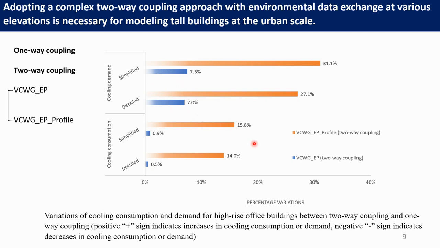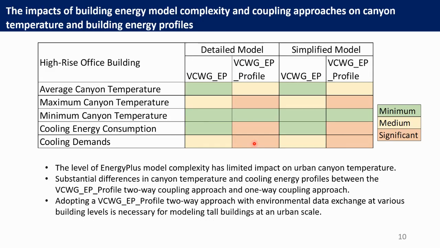The results show that, especially for tall buildings, adopting a more complex two-way coupling approach with environmental data exchange at various elevations, at various floor heights, might be necessary in order to improve accuracy in predicting the cooling energy profile.